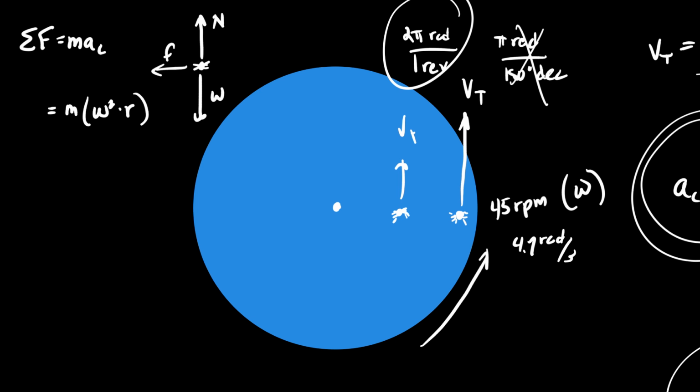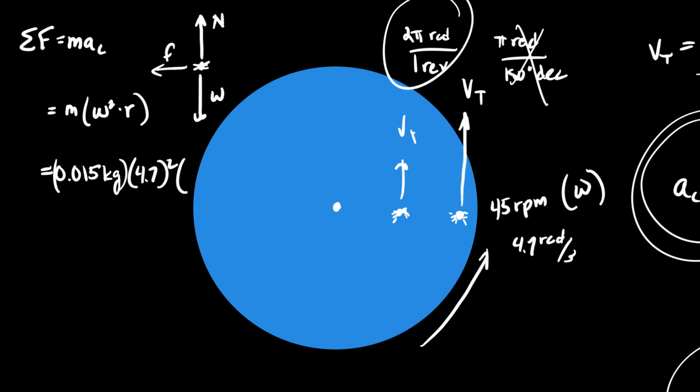Now I have to put in all the stuff and punch buttons. That's all that's left. The mass is 15 grams. I better put that in kilograms. I know how to do that, and if you don't, unit multiplier will tell you how to do it. It's one conversion to go from grams to kilograms. Don't screw it up. I need omega, 4.7 squared. I need the radius. That has to be in meters.